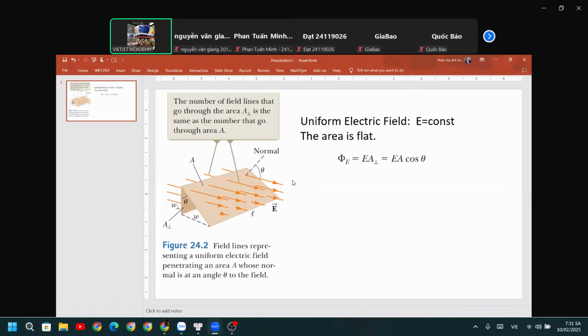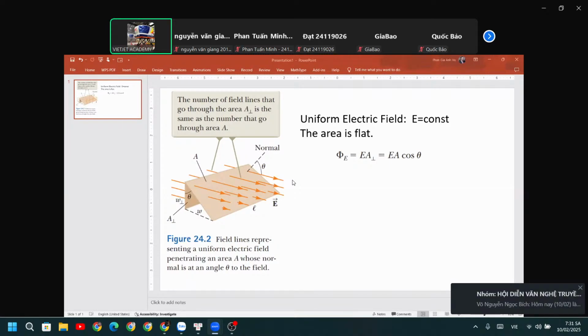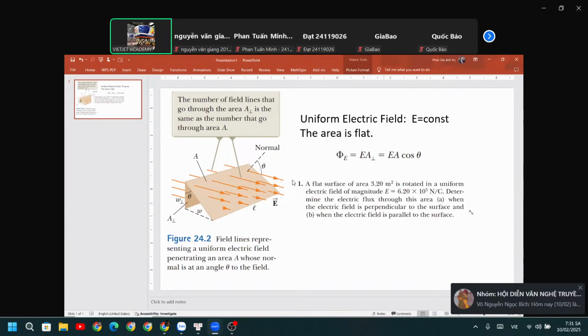For example, I give you an example to calculate it. This is a very, very easy example.